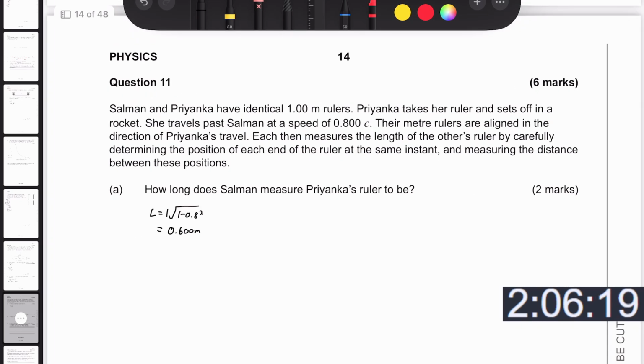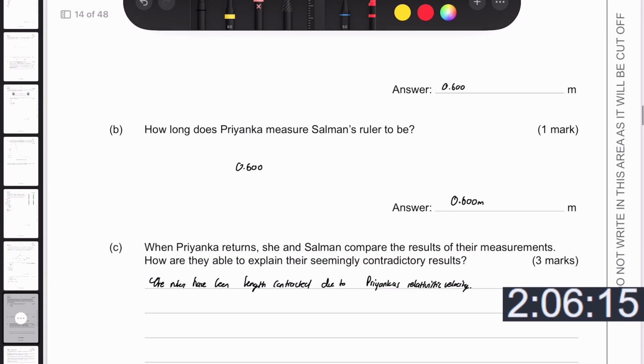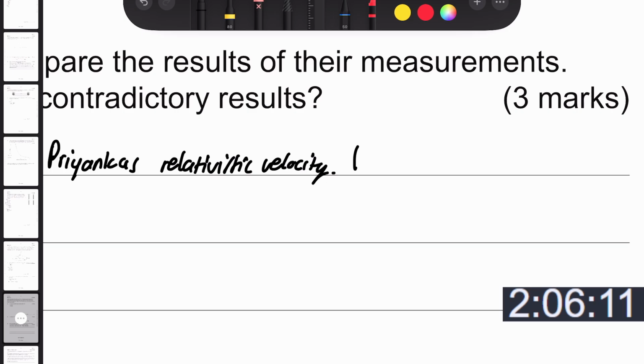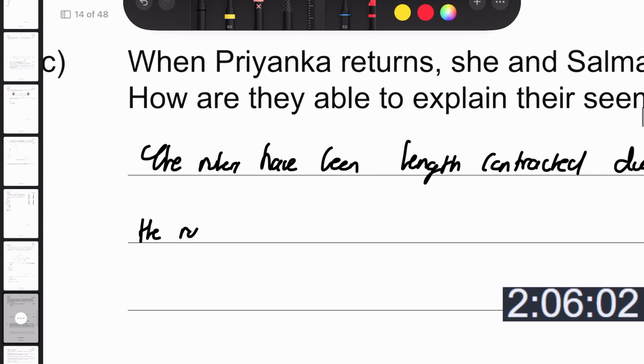At the same instant. Hence the endpoints of the ruler will be contracted together.